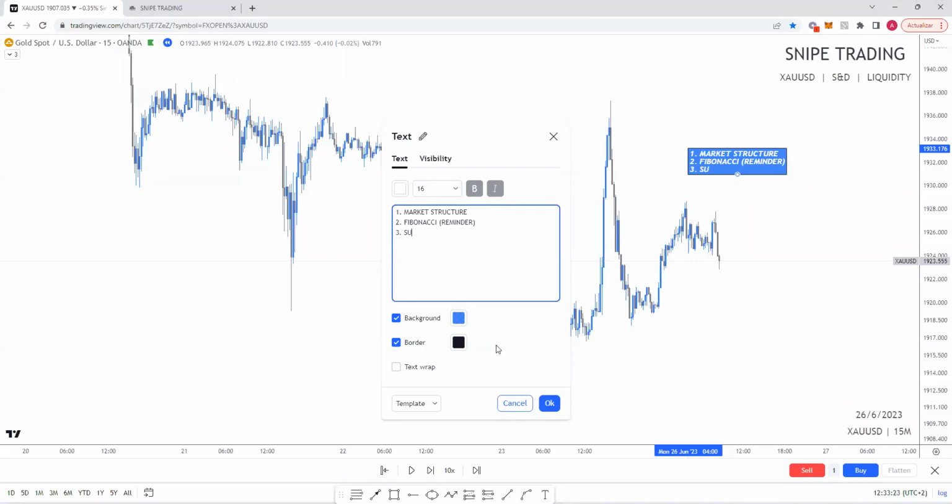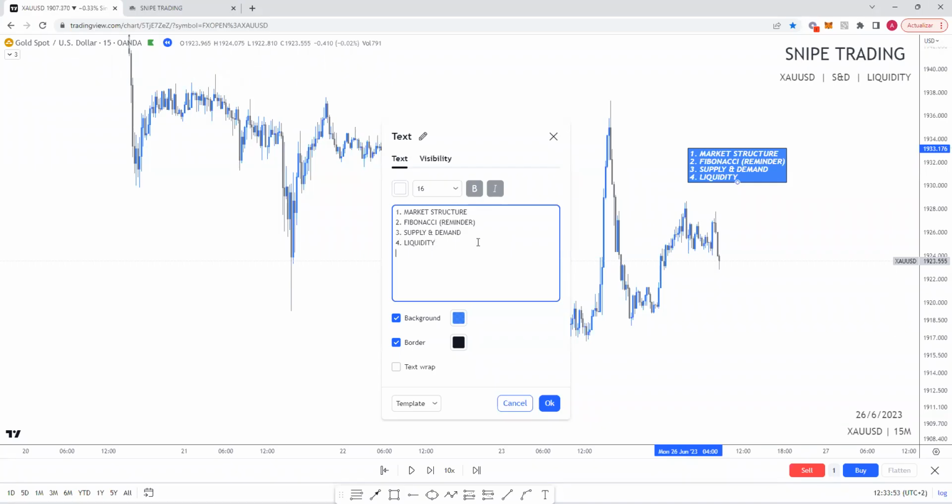Supply and demand. Fourth one. Liquidity, well done. Very simple, very straightforward. You should know this off by heart at this point.